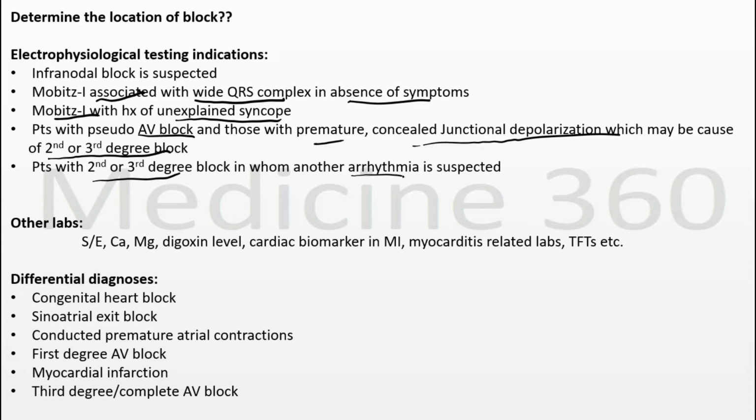Cardiac biomarkers in case of myocardial infarction. If the patient presents to us with acute MI and also with degree blocks, then we do the cardiac biomarkers, which include troponin, and myocarditis related labs, for example autoimmune myocarditis causes like SLE and others, and Lyme disease, and we also do the test.